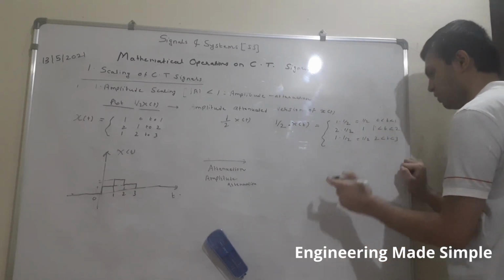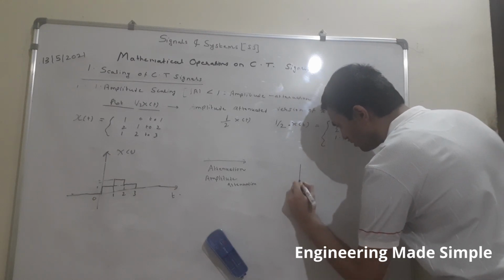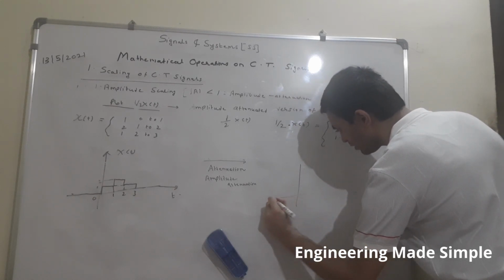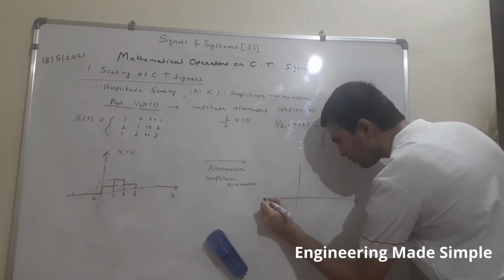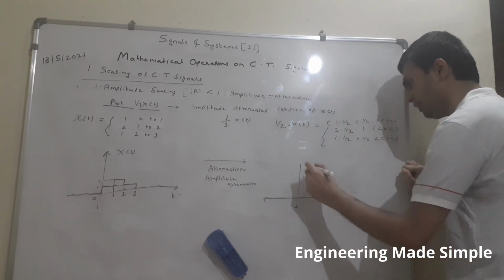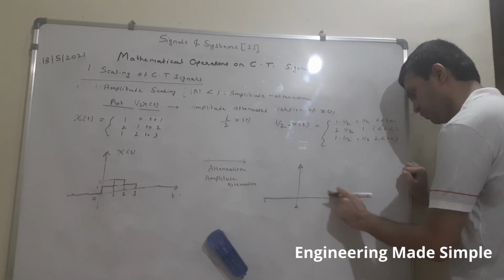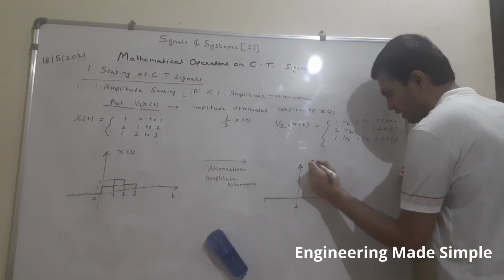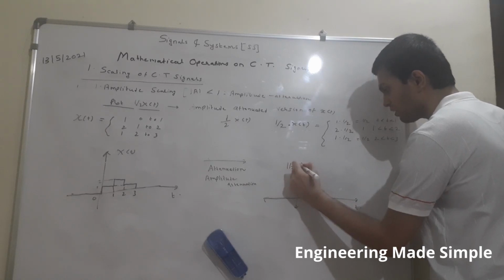In between time interval 0 to 1, the signal will have amplitude half. So this is our signal. This is our x-axis, time t. This is our plot for half into x of t.